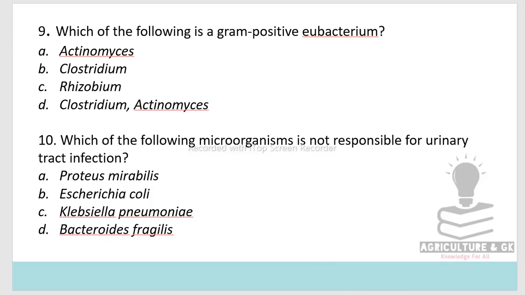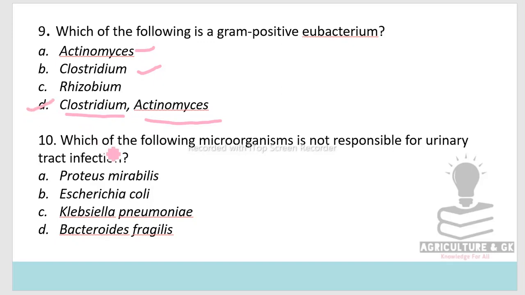So here Clostridium and Actinomyces both give a gram positive result in the gram stain test. So our answer will be Clostridium and Actinomyces. So option D is the correct answer.